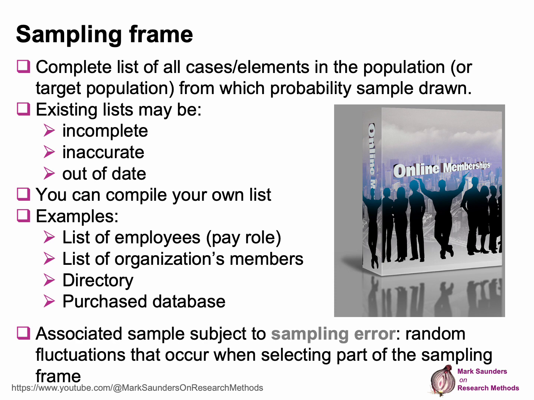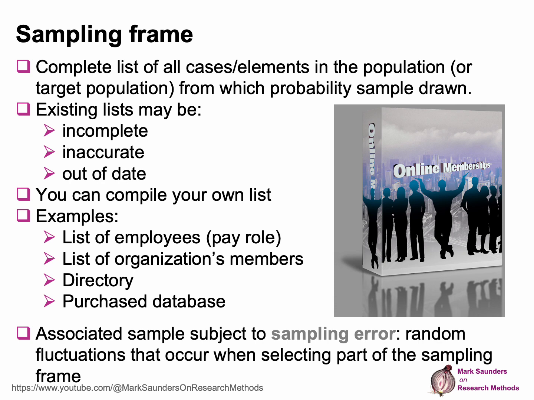The sampling frame comprises all the cases or elements in the population, so all the people working in an organisation, all the cars a manufacturer produces, and it's from this that the probability sample is drawn. We can use existing lists as sampling frames, such as a payroll, which is a pretty good one to use.